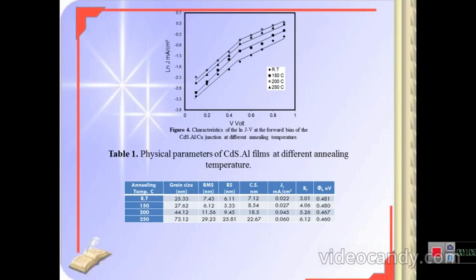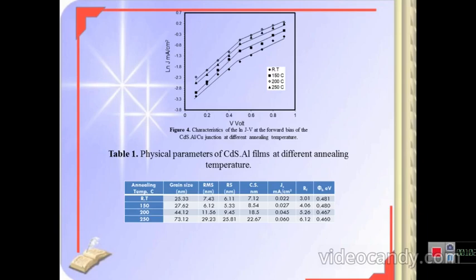In conclusion, from the research, the CdS:Al films on copper Schottky diode can be successfully prepared using the bar coating method, with symmetric behavior of current at forward and reverse biases.